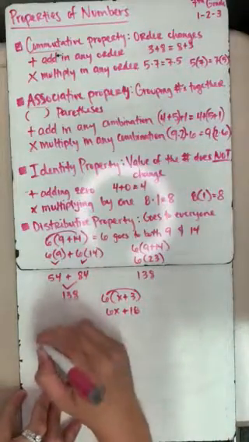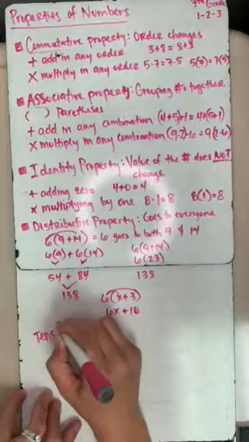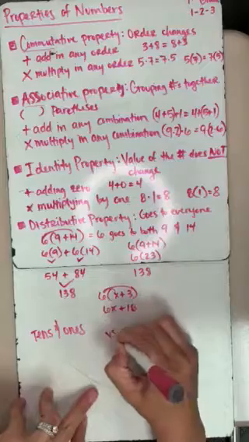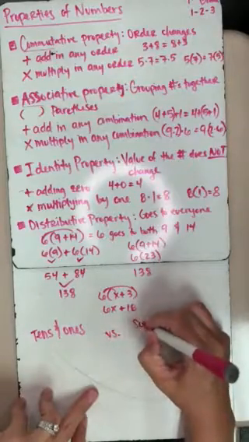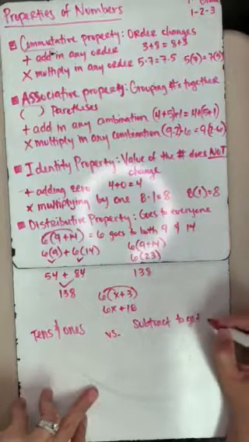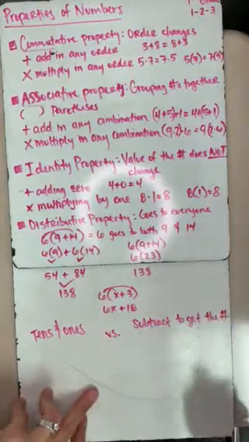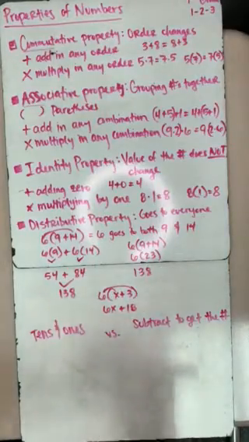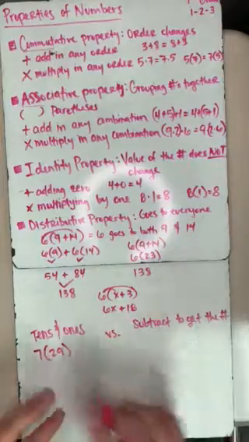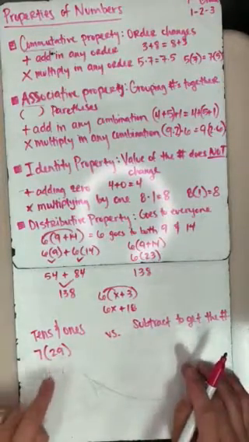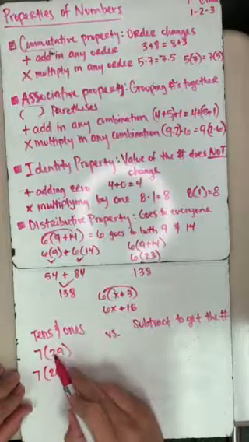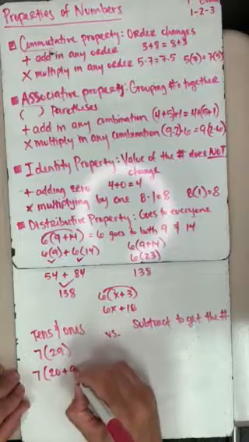One is this tens and 1s method, versus subtract to get the number. Okay, so tens and 1s. If we start with a problem like 7 times 29, we can break that up and we can say, okay, this is really saying 7 times 20, because 2 is in our tens place, plus 9.